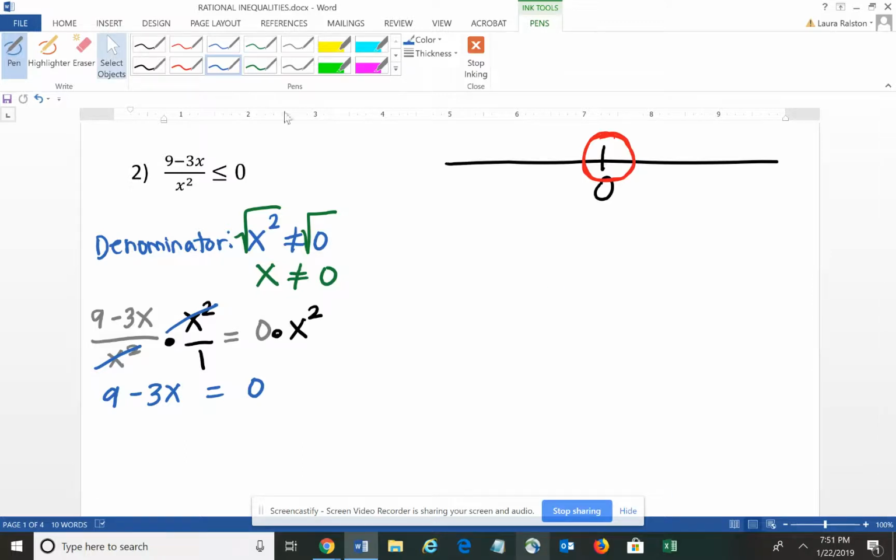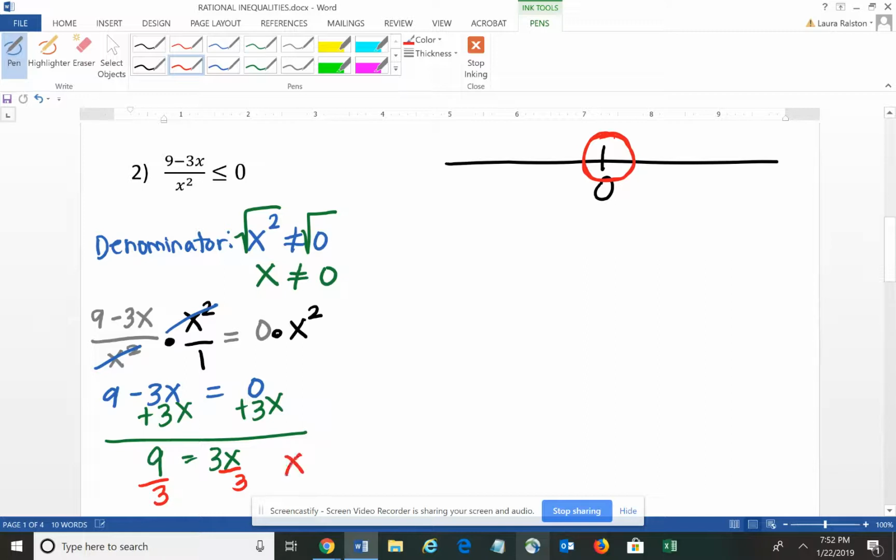Solving for x, add 3x to either side. I have 9 equals 3x. I'm going to divide both sides by 3. So x is 3. So my other critical value is 3.